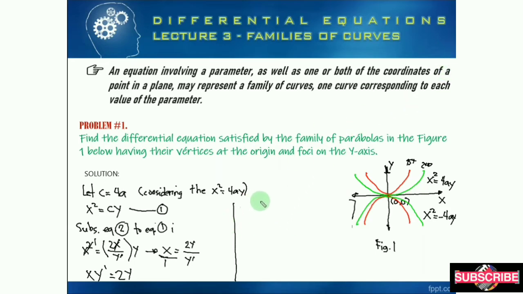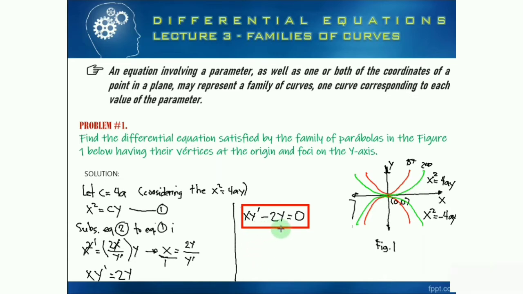Okay, so transposing this one to the other side, we can say that this is equal to x y prime minus 2y, and this would be now our answer to this problem. x y prime minus 2y is equal now to 0.